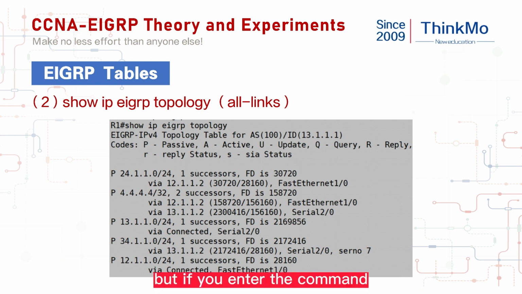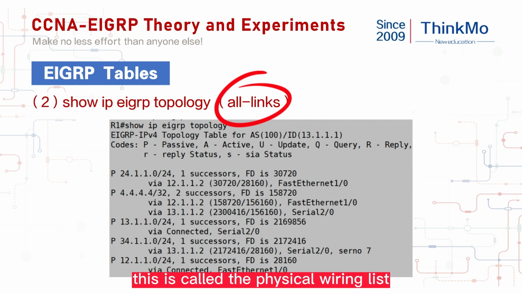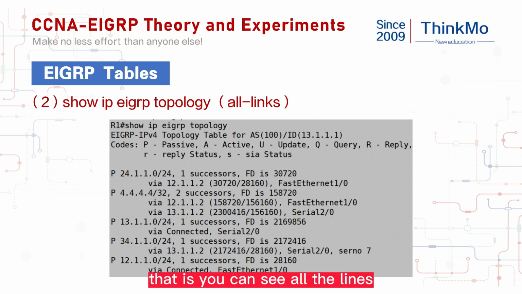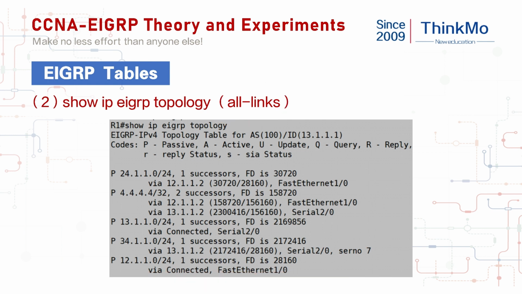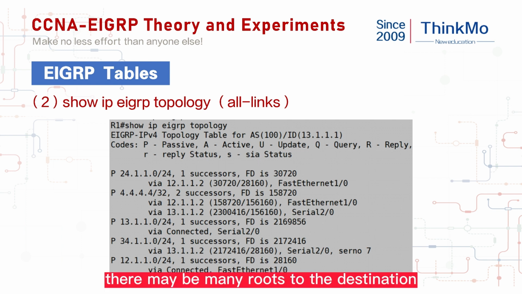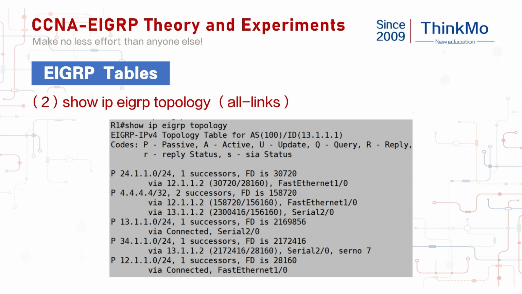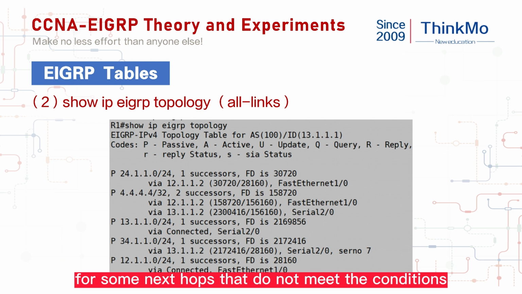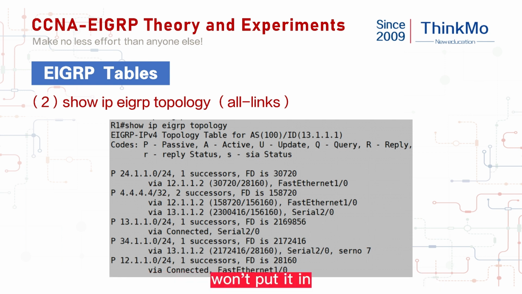But if you enter the command without all-links, then only true topological lines will appear in the topology table. This is a real topology table. The other is called the physical wiring list, that is, you can see all the lines. There may be many routes to the destination, but they do not necessarily all become the contents of the topology table. Next hops that do not meet the conditions won't be put in.